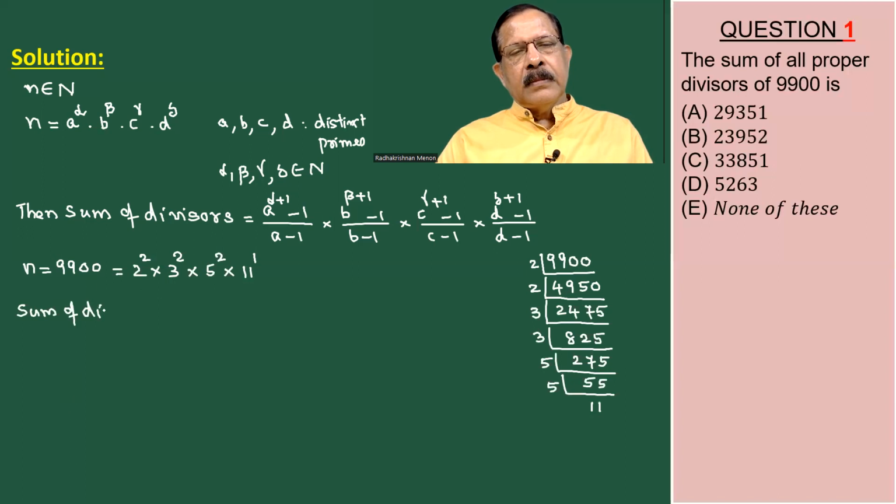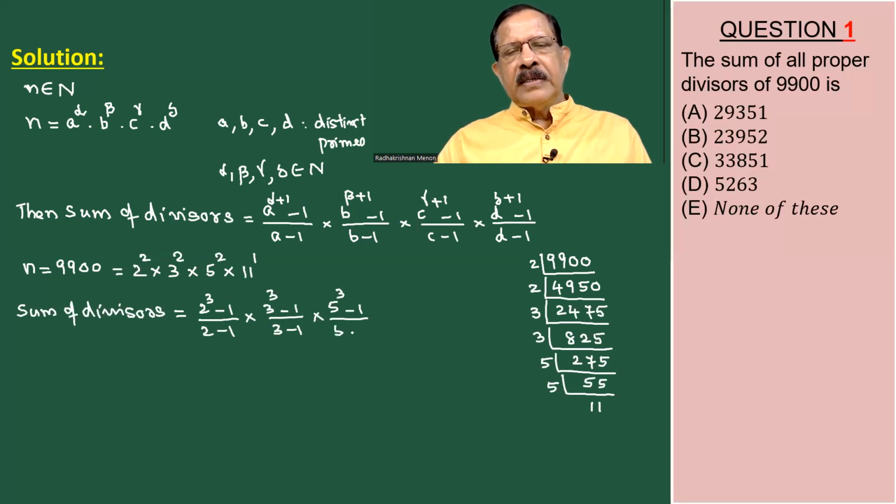Sum of divisors is equal to (2 to the power 2 plus 1, that is 2 cubed, minus 1) divided by (2 minus 1) into (3 to the power 2 plus 1 minus 1) divided by (3 minus 1) into (5 to the power 2 plus 1 minus 1) divided by (5 minus 1) into (11 to the power 1 plus 1 minus 1) divided by (11 minus 1).